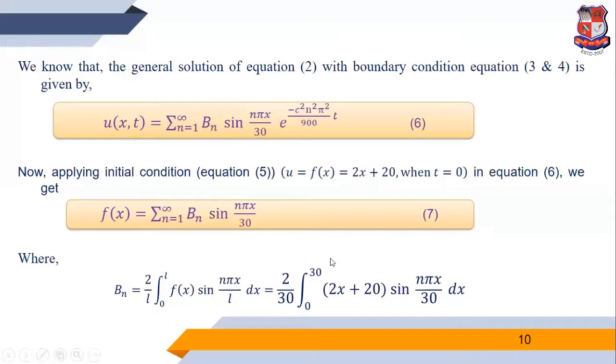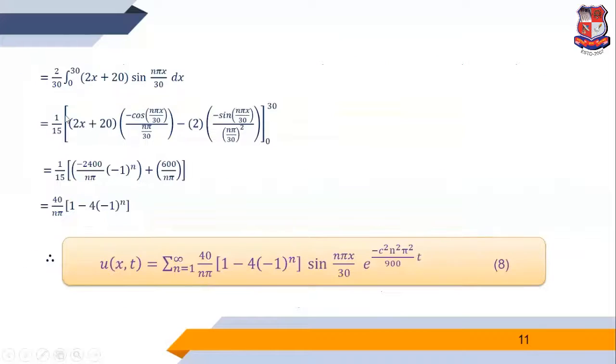So we evaluate the integration using integration by parts. So this is u and this is v. Integration of this term, minus the derivative of this term, which is 2, again integration of this term, limits 0 to 30. Now x is replaced with 30.